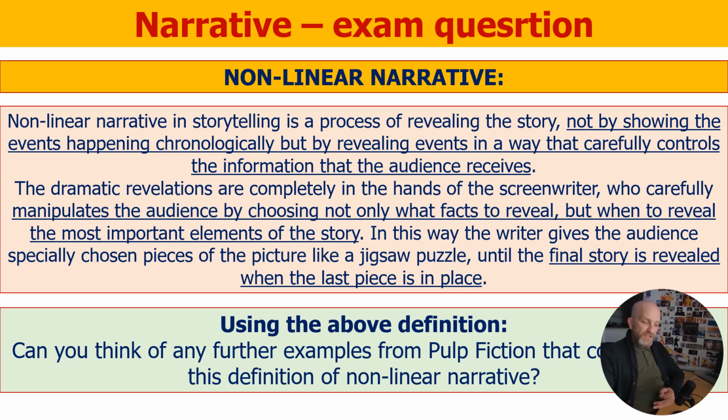So linear narratives effectively run on a system of cause and effect, binary opposition, and goal orientation. Now, those things do appear in Pulp Fiction, but they do not function in the same way as in a linear narrative. They are subverted or experimented with, and that's what this video is going to try and cover, and your essay should try to express in the exam.